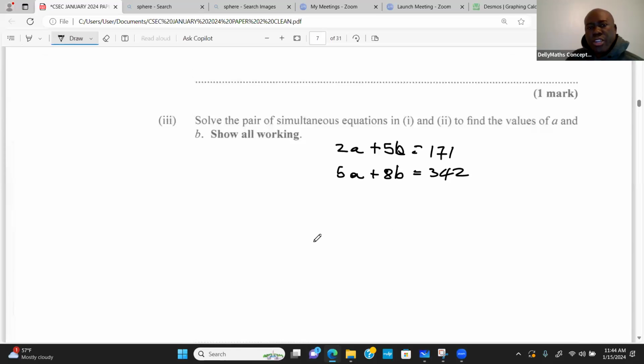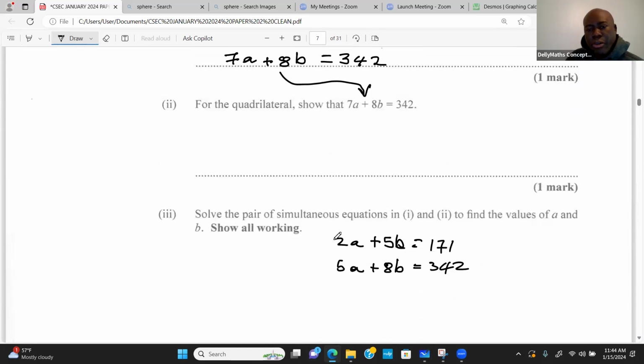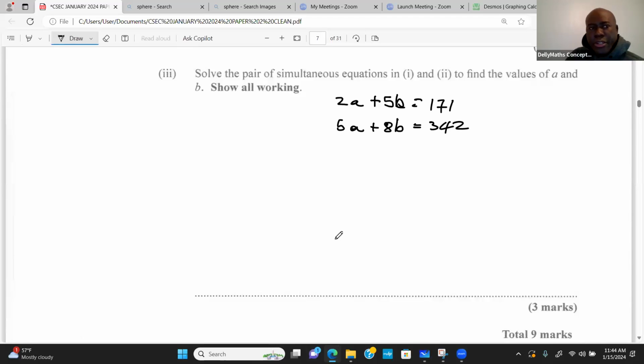What we want to do is make sure that the numbers are good. All right, the numbers are good. So I'm going to eliminate a's first. I'm going to take the coefficients of the a's. So the 5 is going to multiply here, and the 2 is going to multiply here.